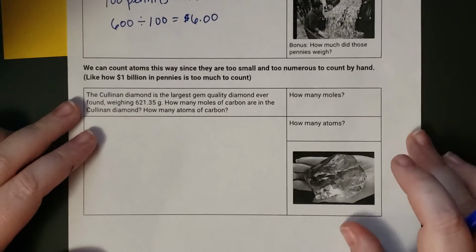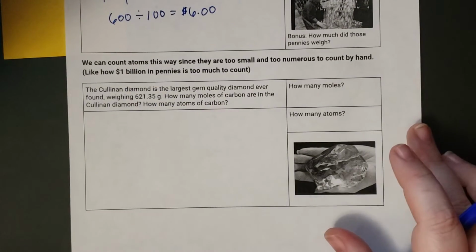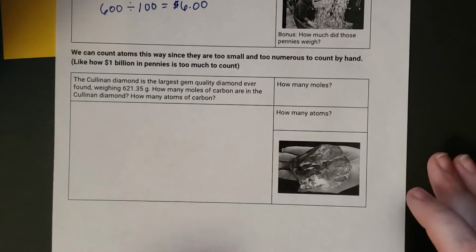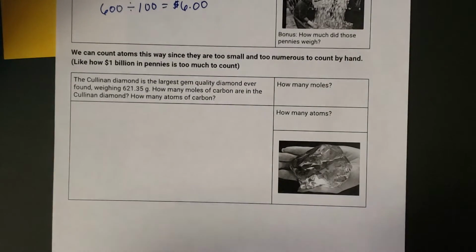So that was a truly elementary example, but I want you to see how easy it is if you take what you know about pennies and math and apply that to atoms. You can do the exact same thing. It is not hard. It's the same thing. You're just using different numbers.